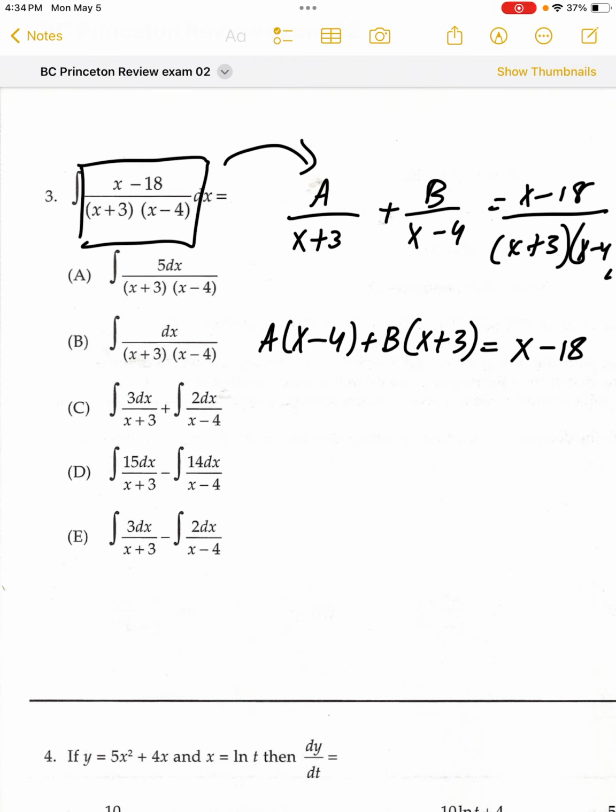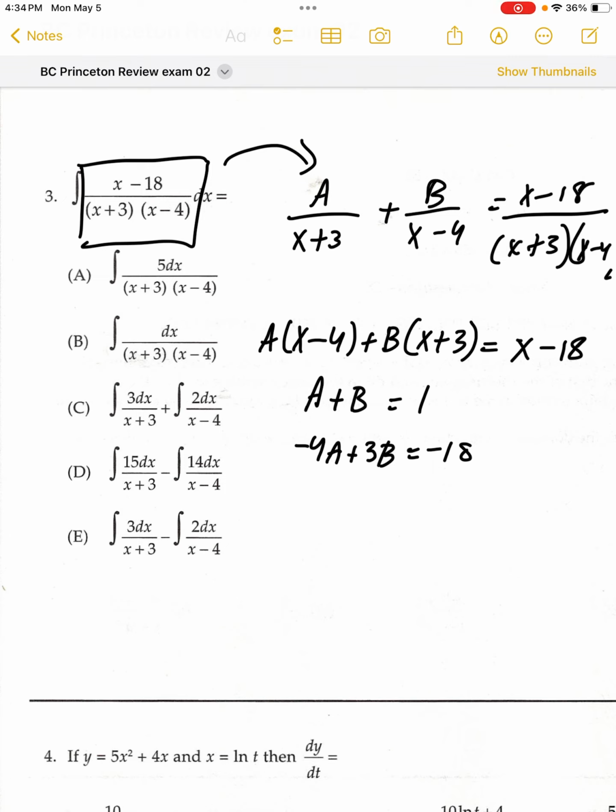And now we're going to do something here. I'm going to draw up a system of equations. We're going to get a plus b is equal to 1 based on the coefficients, right? And we're going to get negative 4a plus 3b is equal to negative 18.